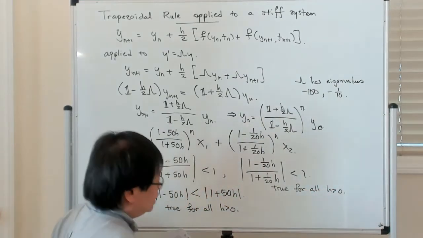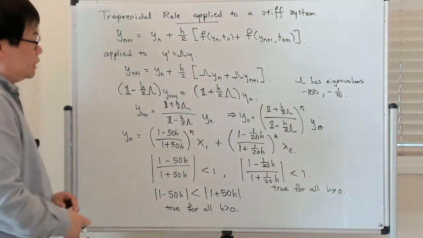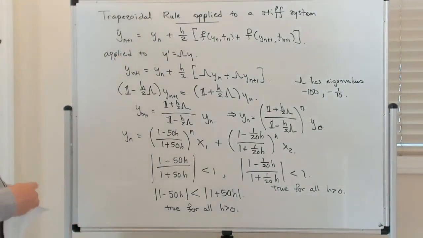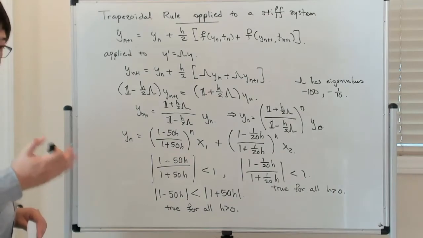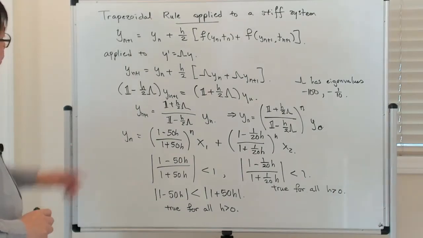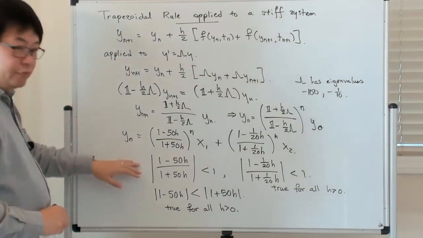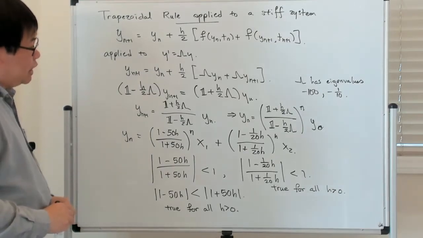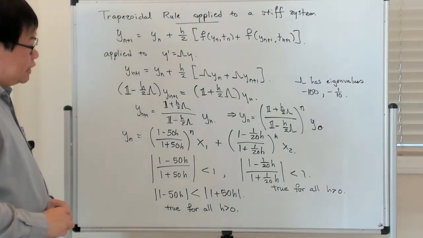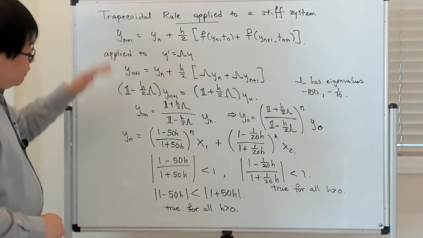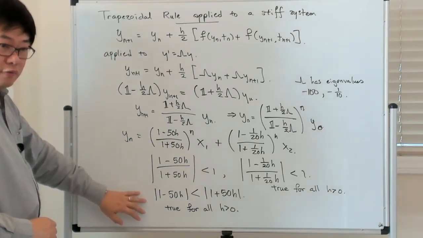So basically, if you're concerned about this issue of stability, which is to say that you want a numerical solution which doesn't explode when the continuous solution is actually decaying, with the usual forward Euler method there was a very severe time step restriction. But with the trapezoidal rule, even though you've applied it to the same stiff problem which gave the Euler method a great deal of grief, there is no restrictive time step restriction.